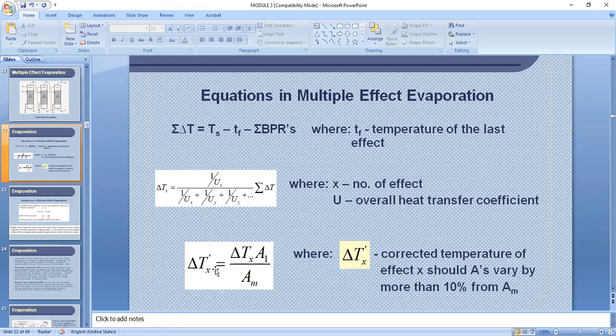So if they do not differ from that by more than 10%, then you're okay already. So it's defined in here that your delta T sub X prime is the corrected temperature of effect X should the A's vary by more than 10% from A sub N, as I have explained already.